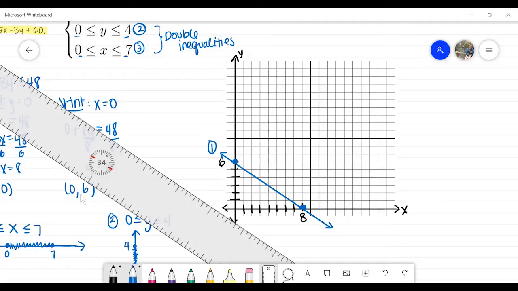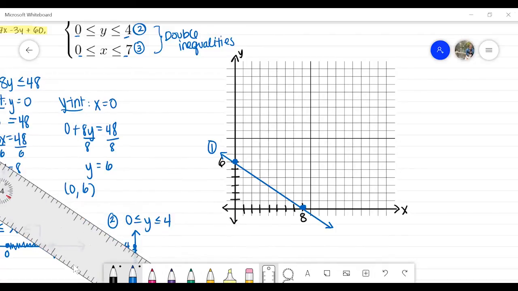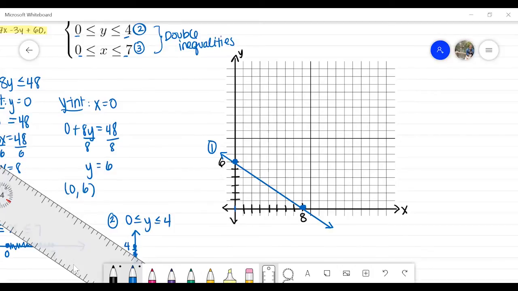And then as we look at our other 2 values, x is between 0, so here, my ruler out of the way. So here, and 7, which is here. 7, right? Let me put 0 there if you want.